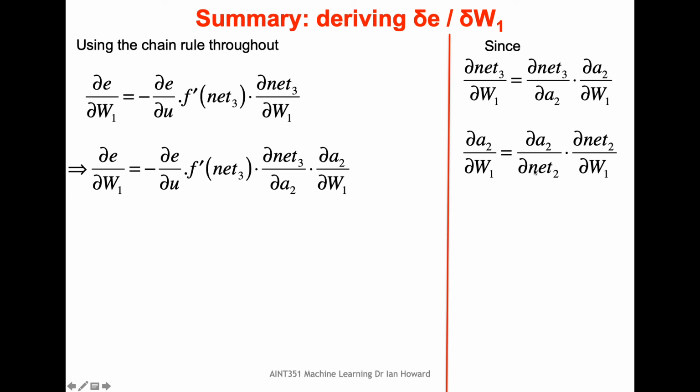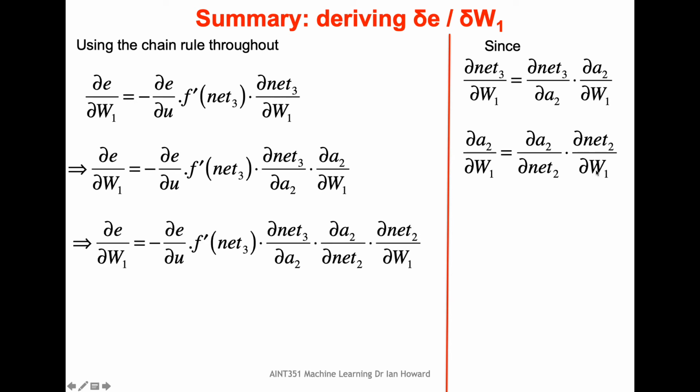Basically it's going to be the linear part of the lower level network, which is going to be net2. So let's use that intermediate variable. So we're going to break this down using the chain rule into dA2/dnet2 times dnet2/dW1. So let's first of all substitute this expression into what we have here for dA2/dW1. In it goes there.